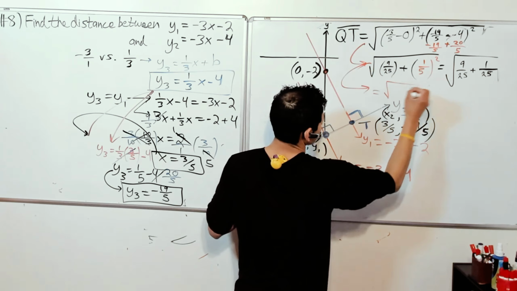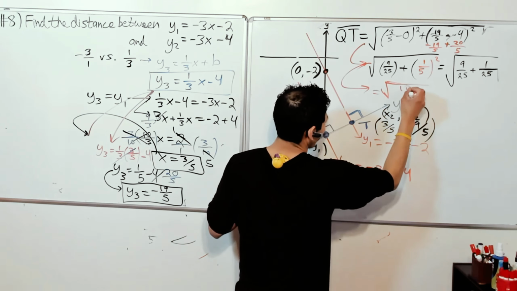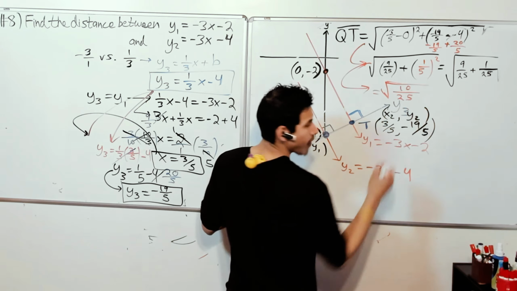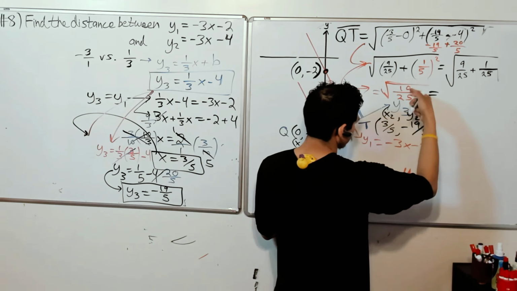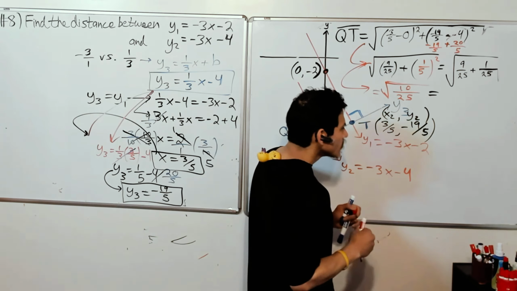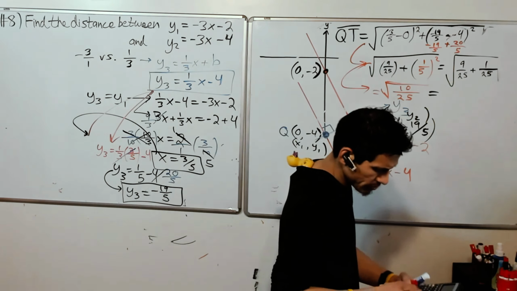The square root of 10 over 25. And we're going to get some cool decimal. We can reduce that into 2 over 5, square root of 2 over 5. Square root of, let's see what we get.